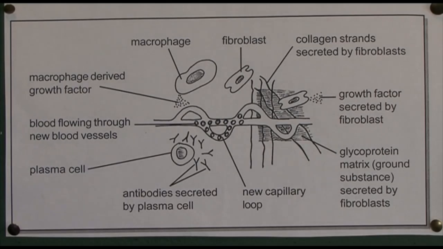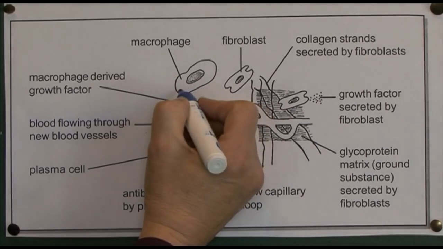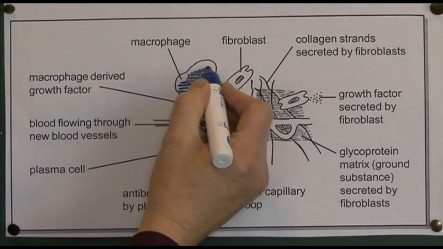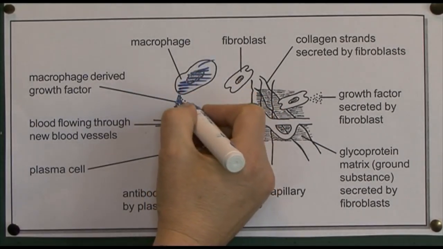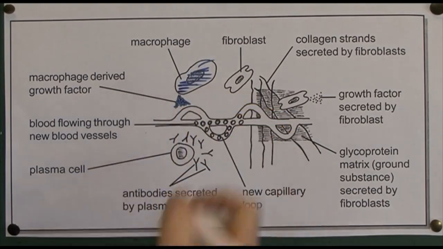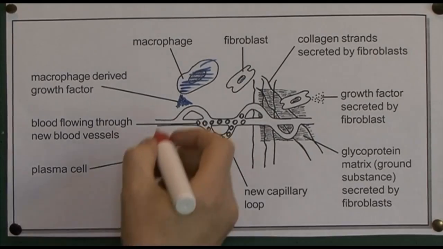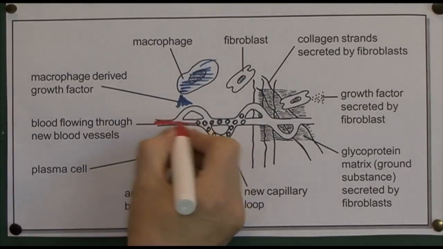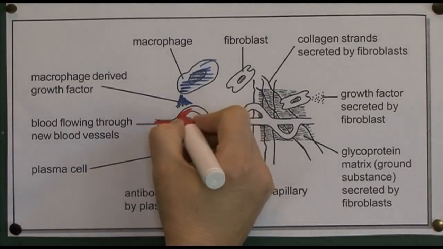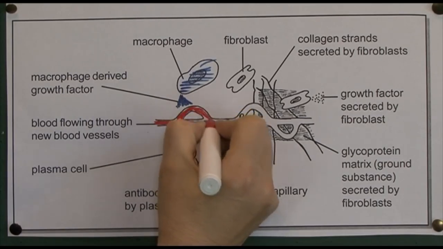This diagram shows the components of granulation tissue. So here we have a macrophage, and as we see, it's releasing helpful growth factors. For example, here the growth factor is stimulating the growth of a new capillary, and we see that these are going into capillary loops.